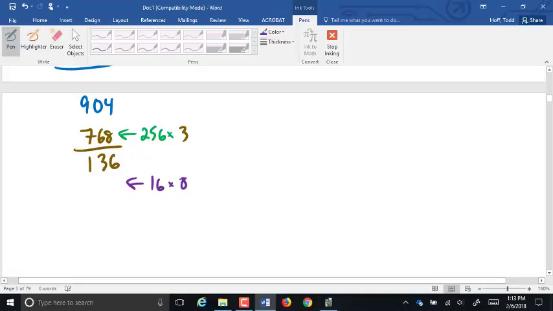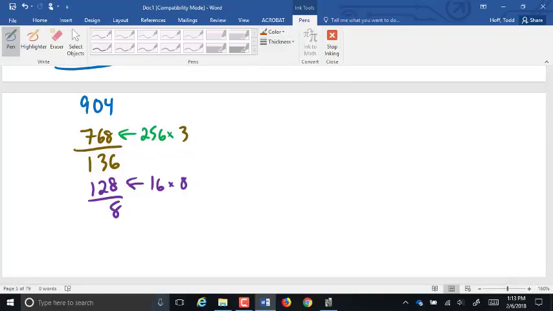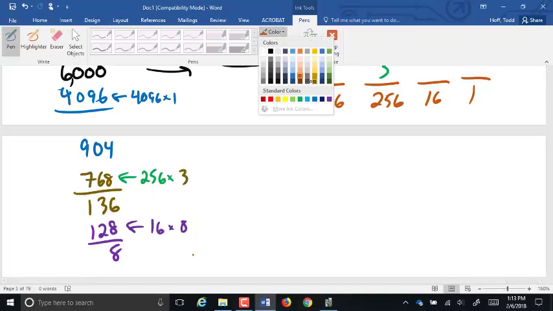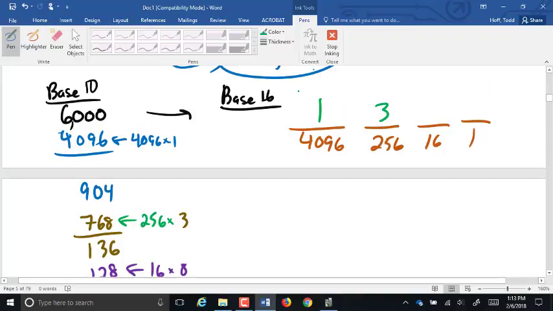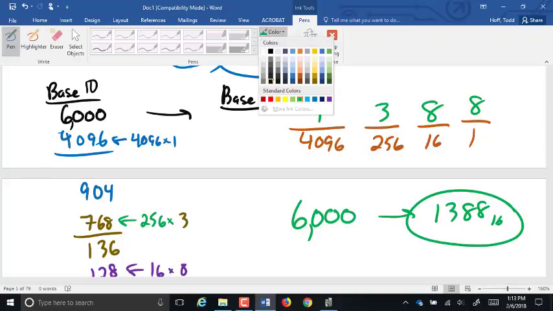I'm going to say 7. So 16 went in there 7 times, and there's 0 ones left over. So 6,000 base 10 is 1770 in hexadecimal. Didn't get any letters in that conversion.